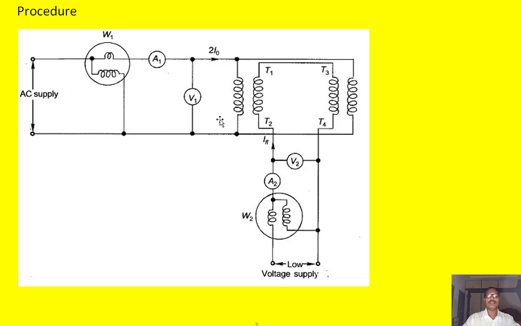It is the same for both the transformer primaries. And these are the secondaries, and these two secondaries should be connected in phase opposition. Under that condition, we measure these parameters.